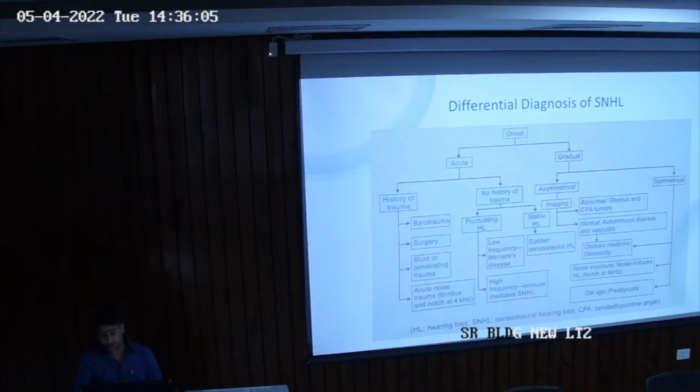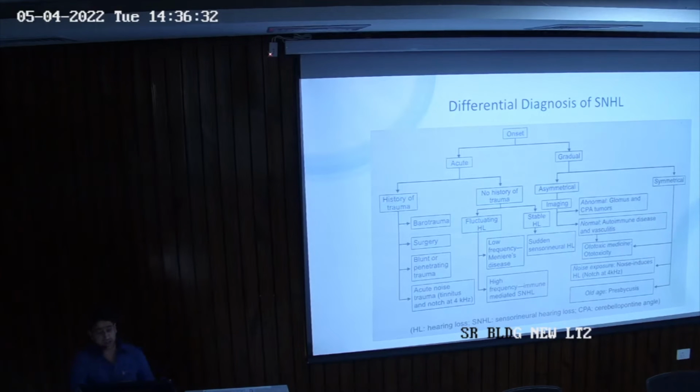You will see in noise exposure, gradual symmetrical, a notch at 4 kilohertz, and in acute trauma also tinnitus and a notch at 4 kilohertz. So it is the noise trauma. In noise trauma on audiogram you will find a notch at 4 kilohertz. Okay. It is almost always diagnostic for it.